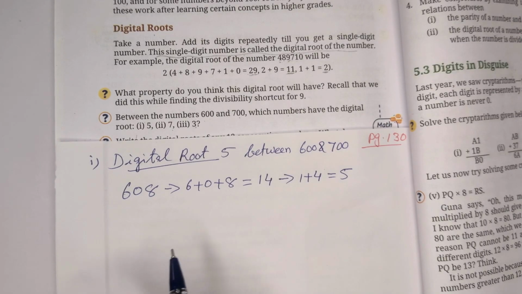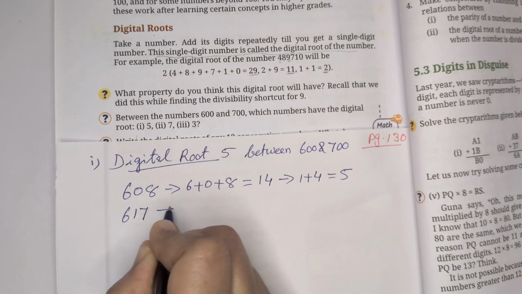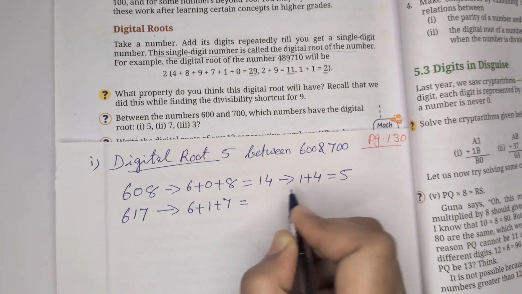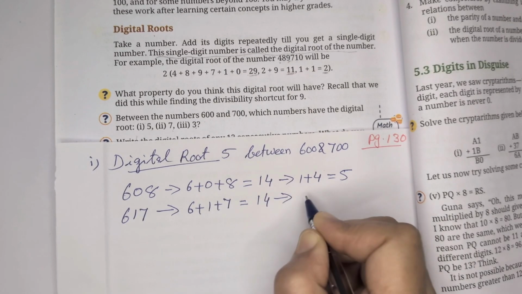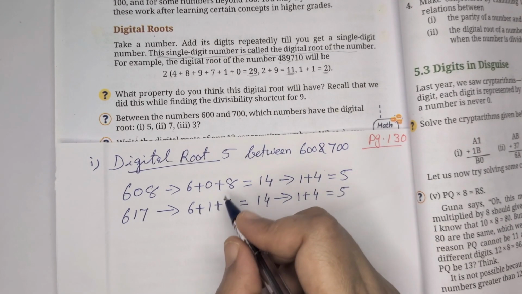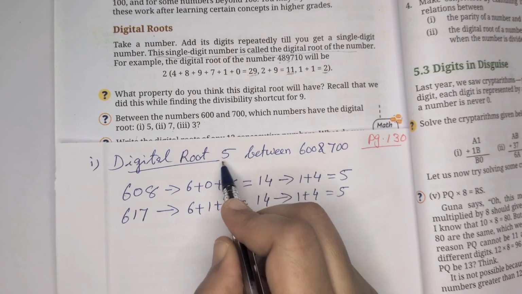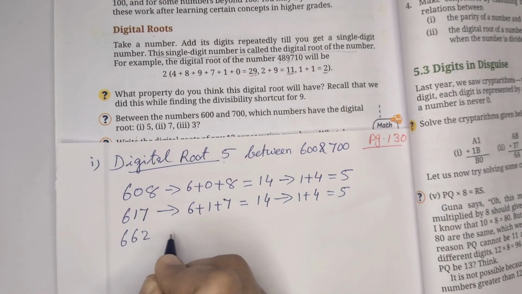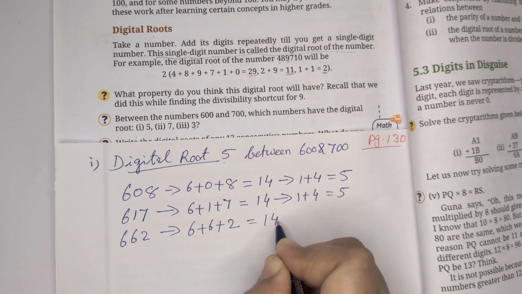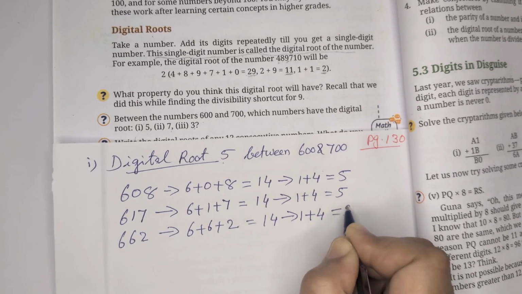Again we have to keep on checking all the numbers. Next we get 670. So 6 plus 7 plus 0 is equal to 14, and 1 plus 4 is equal to 5. That means the digital root is 5. Next we get 662. 6 plus 6 plus 2 is also 14, and adding the digits again gives 5.